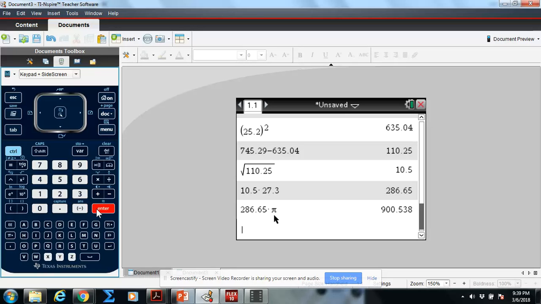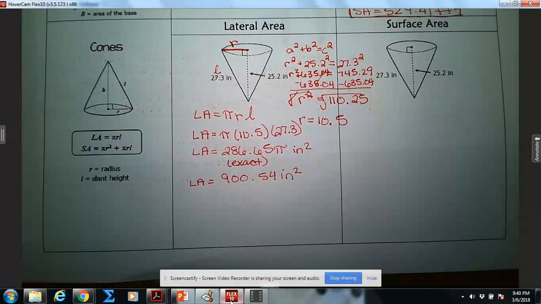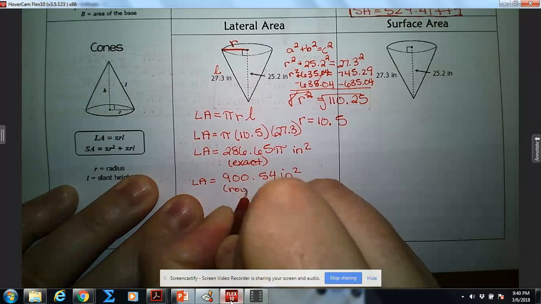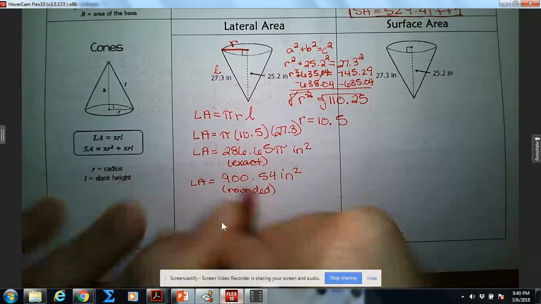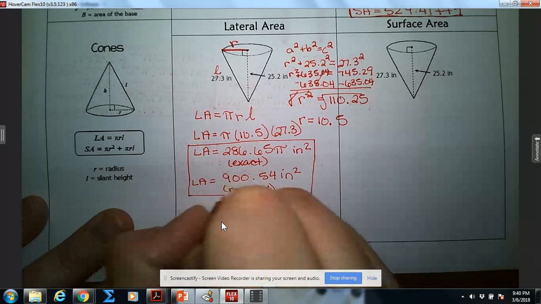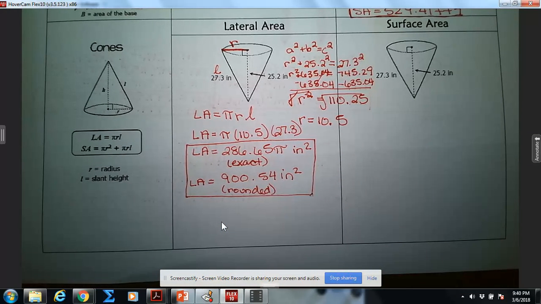Final lateral area is 900.54, if you round that up, inches squared. This is considered a rounded value. I really know that you need to be able to do both.